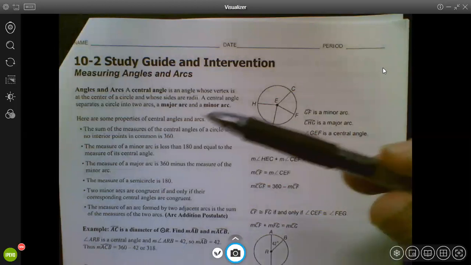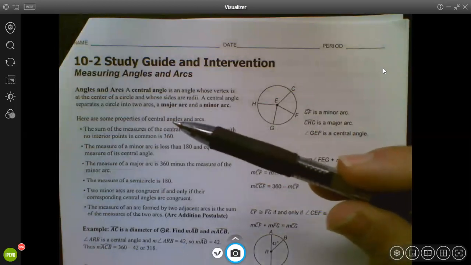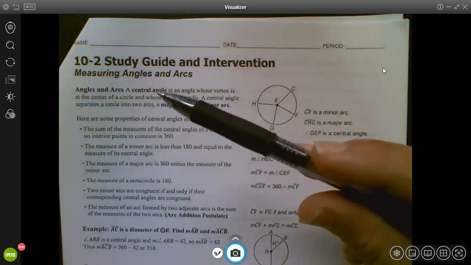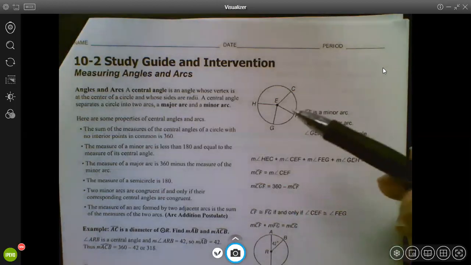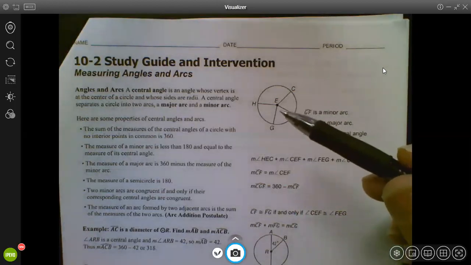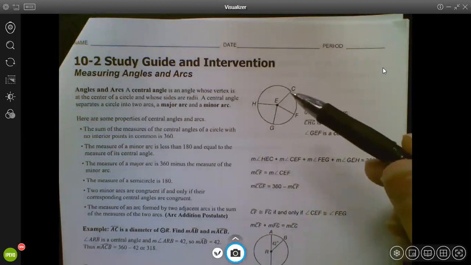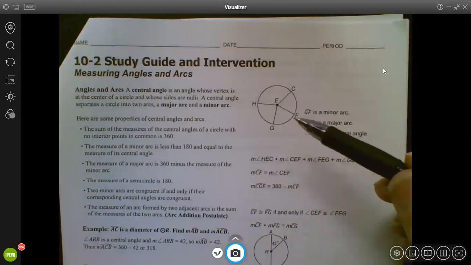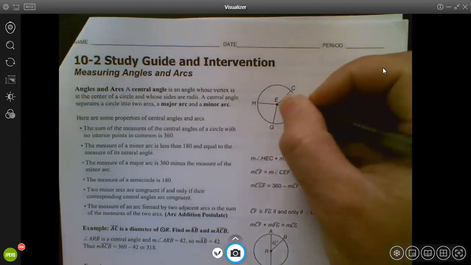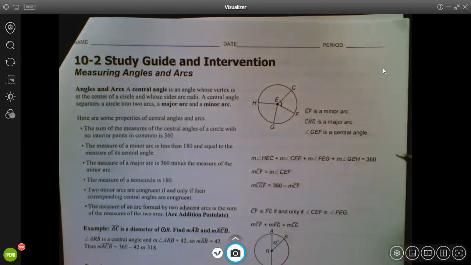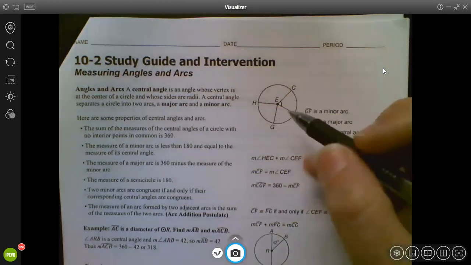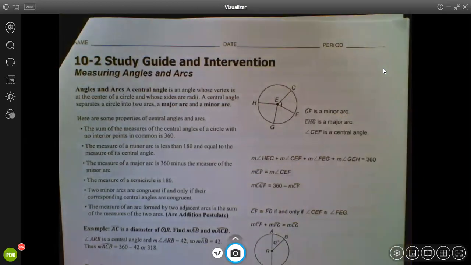So let me throw a couple vocab words at you to get started. A central angle is an angle that is formed with the center of the circle, right? That's why they call it a central angle. So if you looked at this angle right here, we'll just pick on this one, what's something we might call angle E here. So if we put together angle CEF, so if we were referring to this angle right there, that would be a central angle because the vertex is the center of the circle.